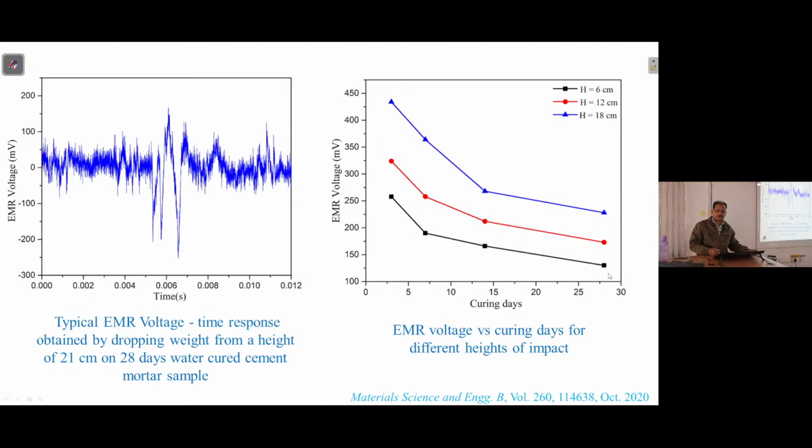So we could say a 10 times increase when the height of impact is only 6 centimeter. If you increase it further, then of course even higher signals are obtained. This is for 6 centimeter height, when the weight is dropped, we get this much.